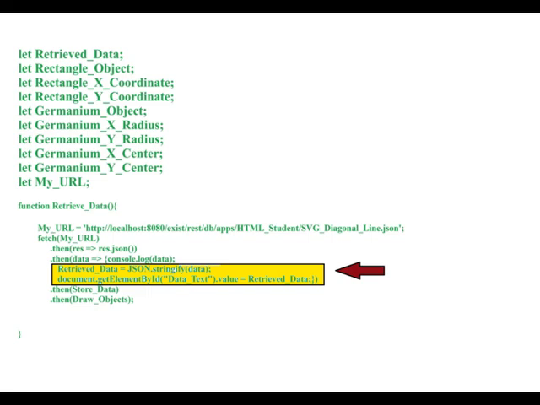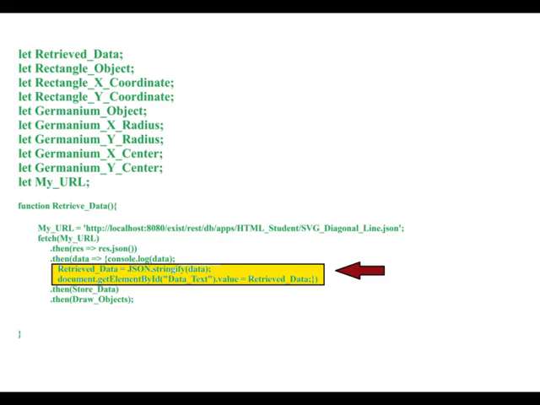So I converted all the JSON objects stored in the retrieved data global variable into strings using the JSON stringify command before I displayed the data inside the text box.